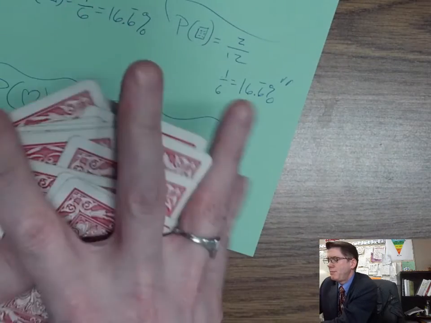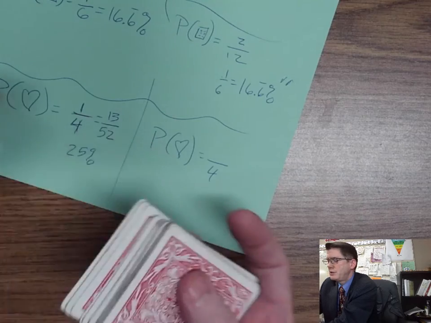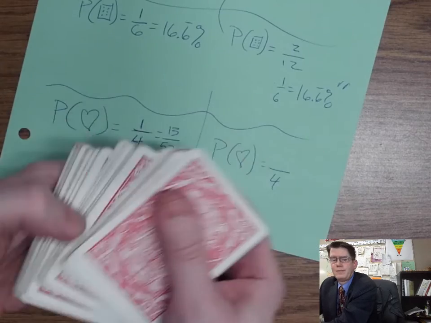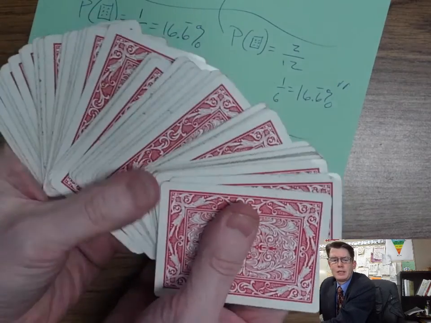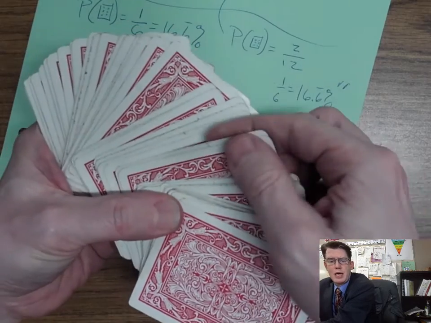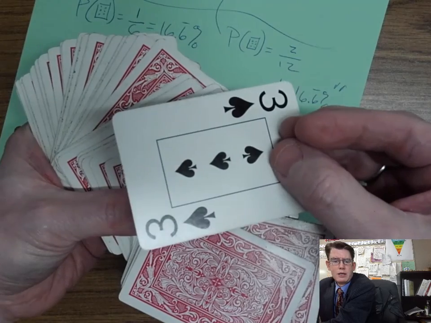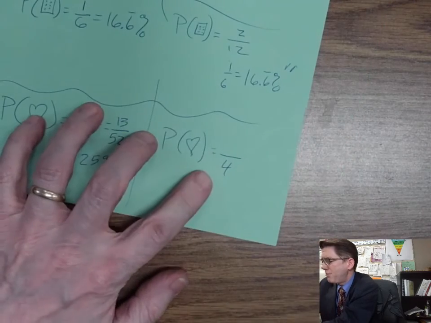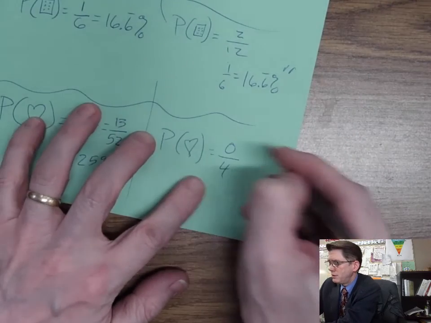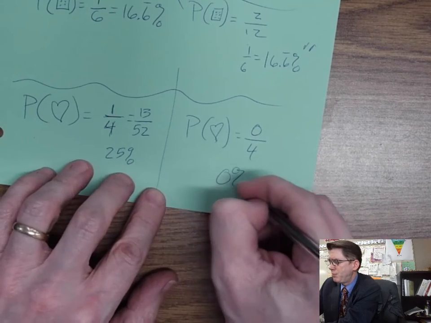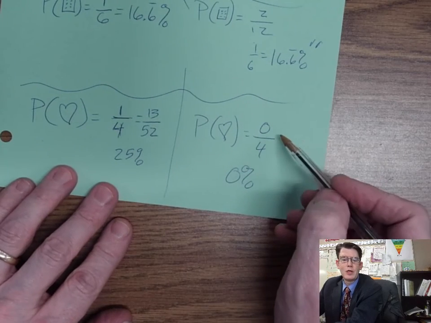Is it going to be 1 or 0 with the hearts? What's it going to be? Well, let's see. This last one is a spade. So my probability out of 4 was 0%. All I would have needed was just 1.